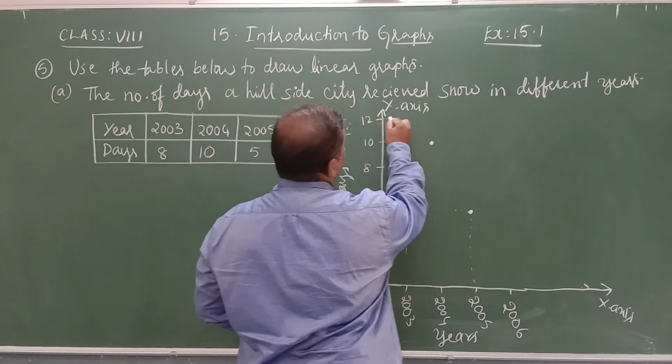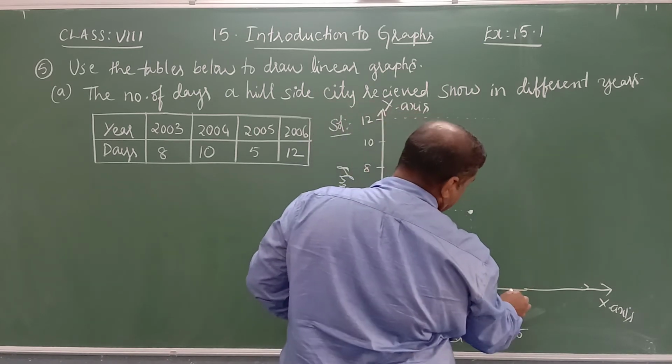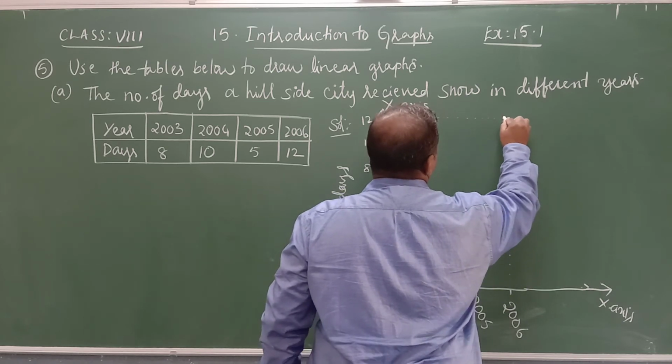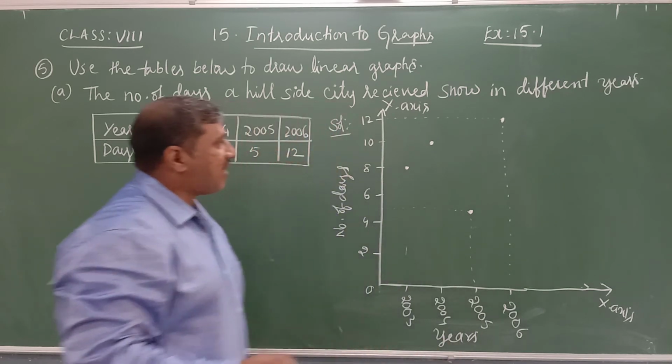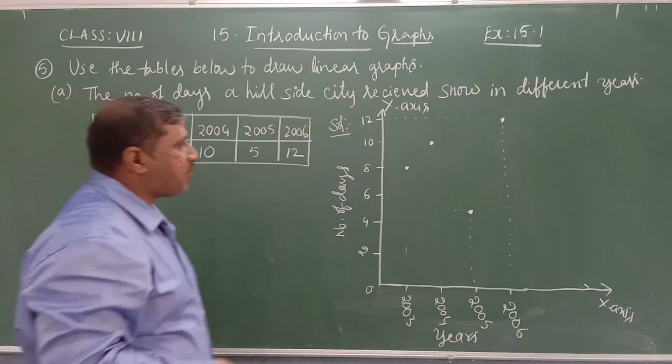Yes, this is 12. If you want, you can represent it with dotted lines. On the graph sheet you can do it very clearly. Now this represents 12 days in the year 2006. Now join these points first.